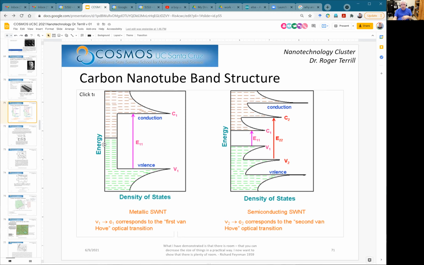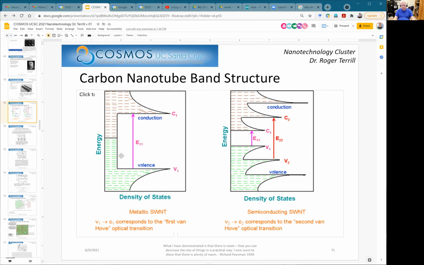Most metals don't have this optical transition. Copper is an exception, right? Copper and gold both have that yellowish color, so they both have an optical transition and are conductors. But in this case, this metallic band that they calculated has an interband transition, and it's also a metal.